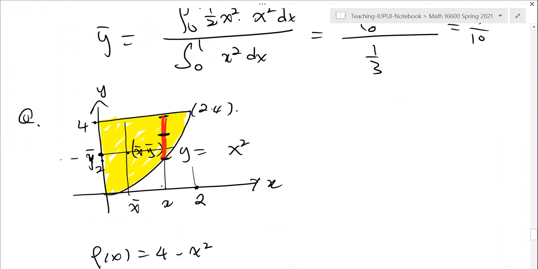So that will be 12 over 5 and 3 over 4, so it's pretty reasonable. You get the picture.